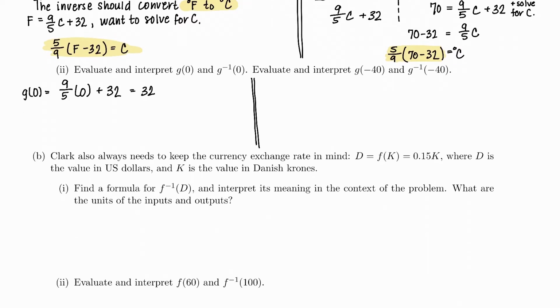And then G inverse of 0, this is in degrees Fahrenheit. G inverse of 0 is going to be 5 over 9 times 0 minus 32. Let's put that in the calculator. Since I don't have one on me, I've got to open one up on the computer. So 5 over 9 times negative 32 is negative 17.7.